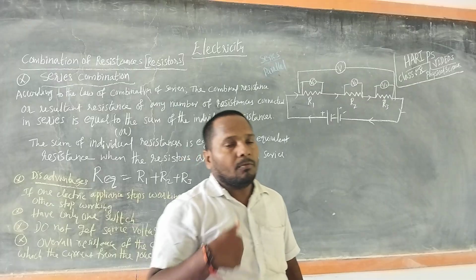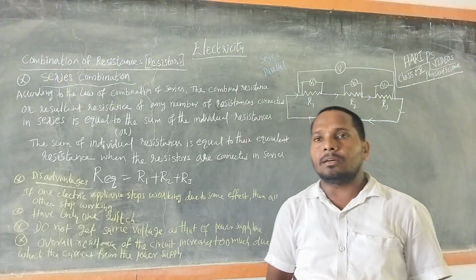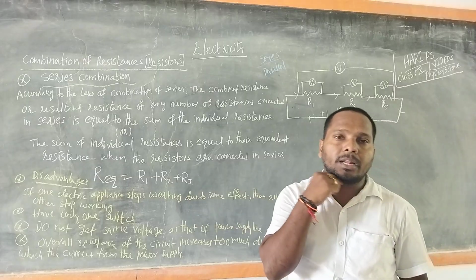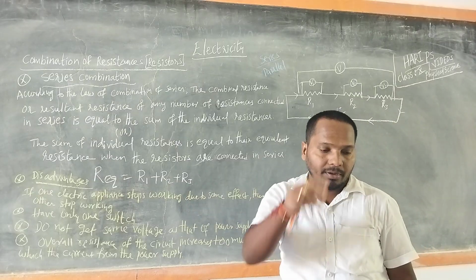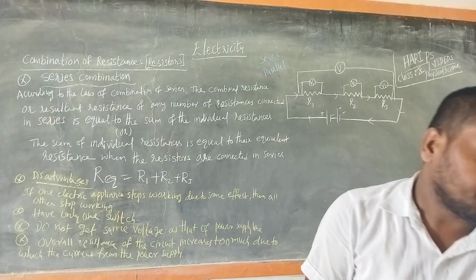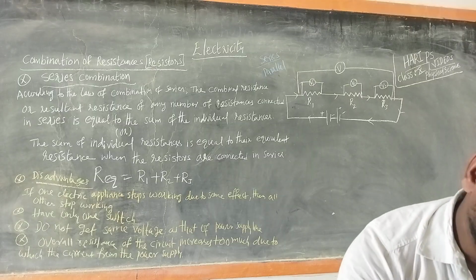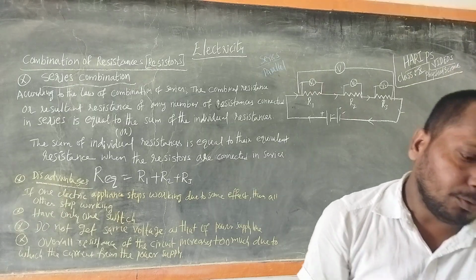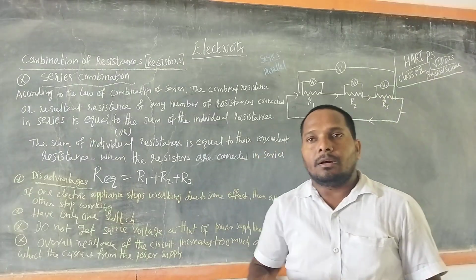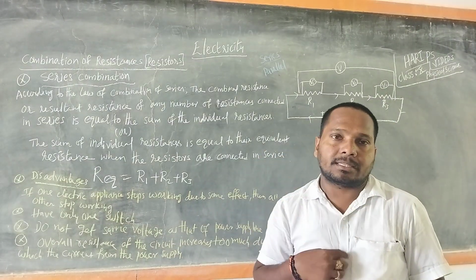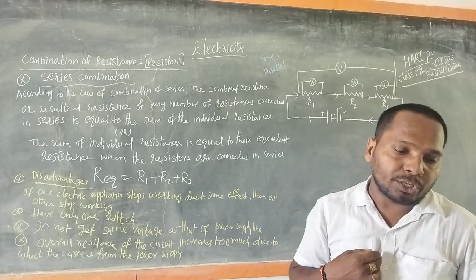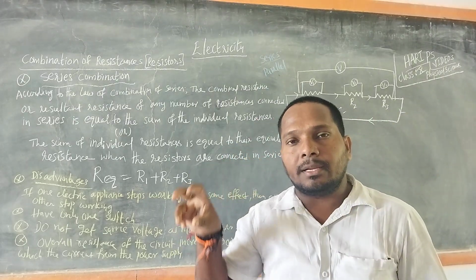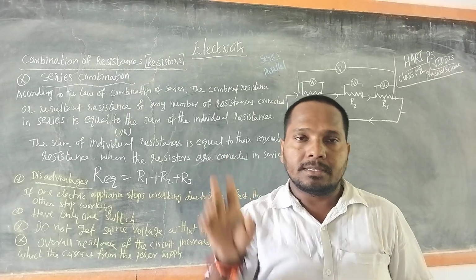So what is the series connection and what is the parallel connection? If you want to increase the total resistance in a circuit, we need to connect all the resistors in series.